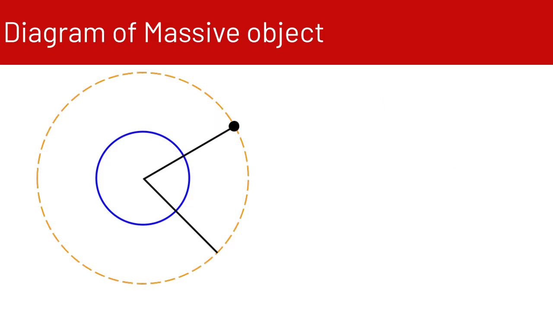Okay, so here's a diagram of a massive object that's creating a gravitational field. The blue outline here is the large body that's creating a gravitational field. This body has mass m. And this portion of this black line is our radius r.